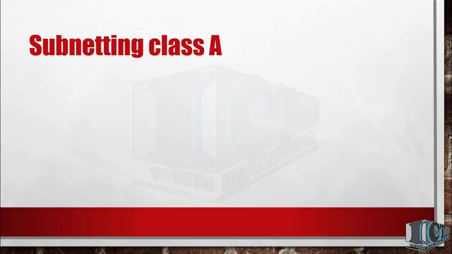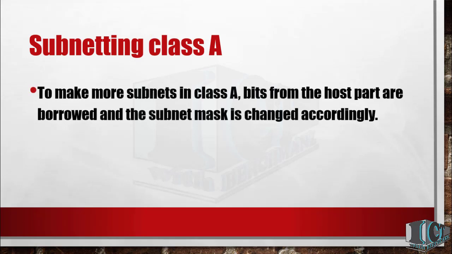Let's see how subnetting is done for class A. To make more subnets in class A, bits from the host part are borrowed and the subnet mask is changed accordingly. In subnetting, we are going to borrow bits from the host side and add them to the network side.